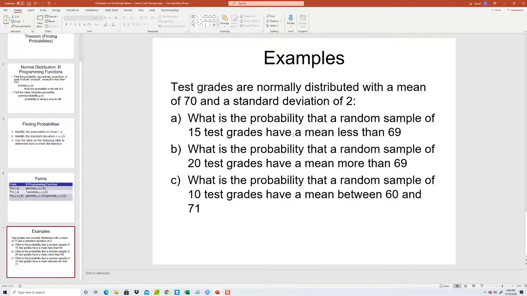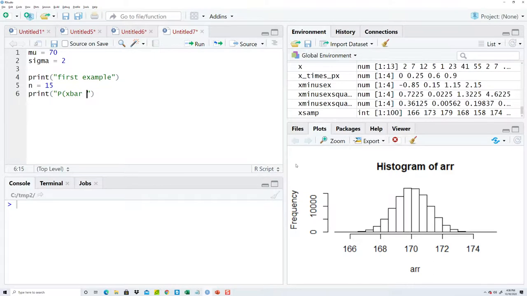Now, I know it doesn't say sample mean, but since we're referring to the random sample and it's a mean, that's sample mean. Less than 69. Okay, the less than case.